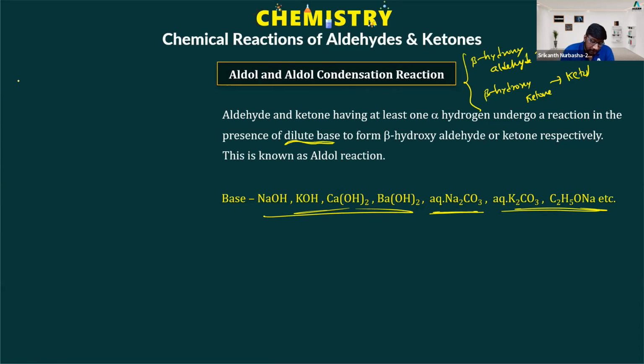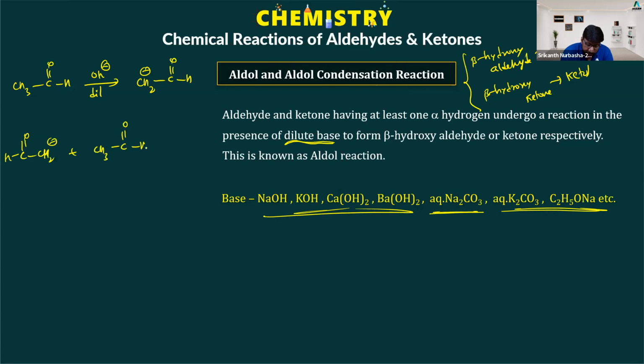You'll get an idea. Let us take first acetaldehyde, CH3CHO. I have added dilute base, OH minus. It forms what? CH2 minus CHO. The CH2 minus CHO will react with one more molecule. It will act as a nucleophile and attack the next molecule of CH3CHO.